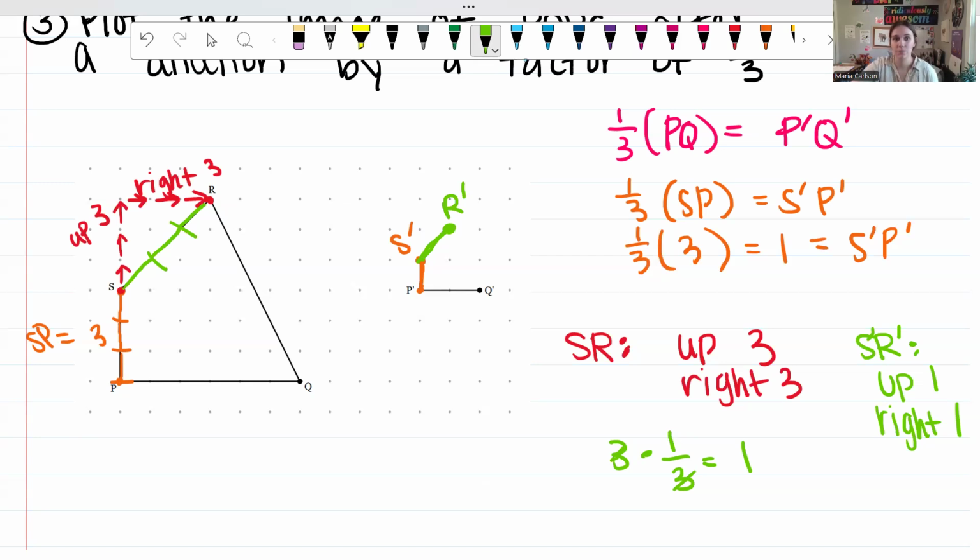RQ is a little bit different. So there you might want to measure that to get from R to Q, you would go down 1, 2, 3, 4, 5, 6. And then you would have to go over 1, 2, 3.